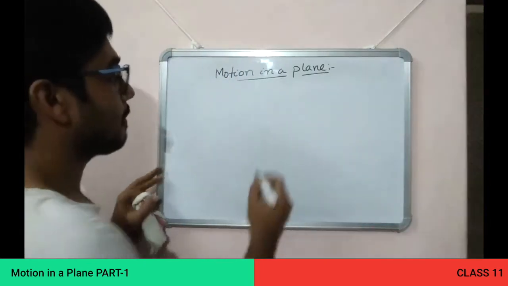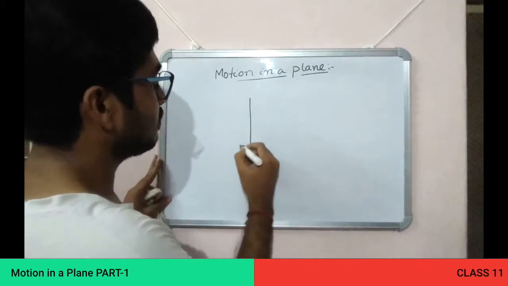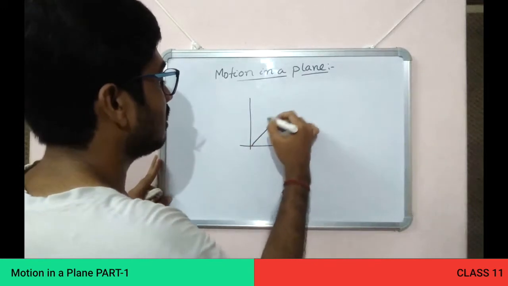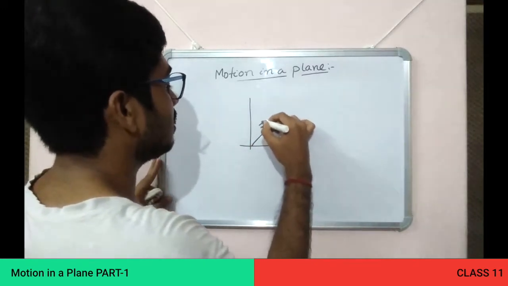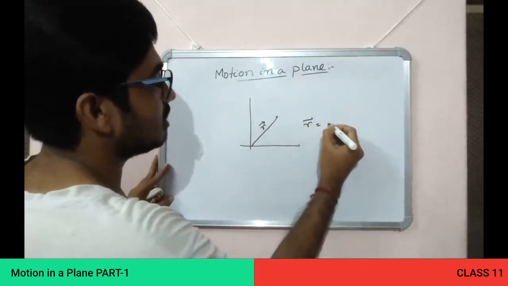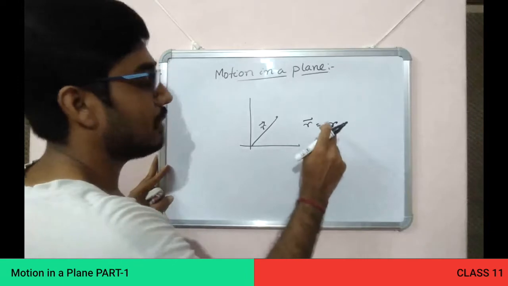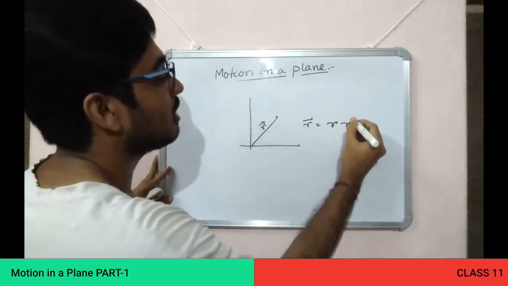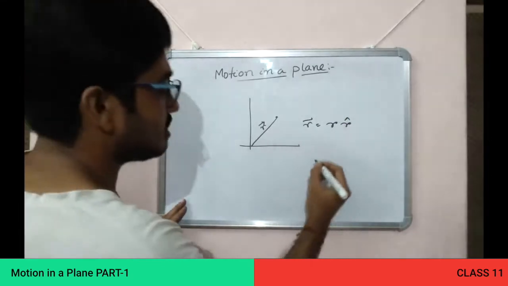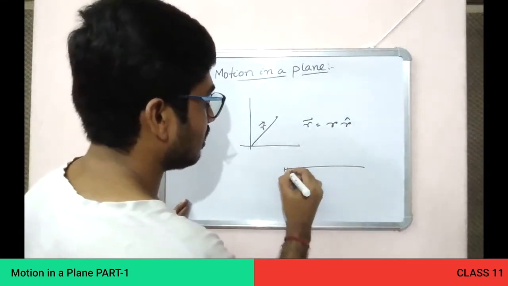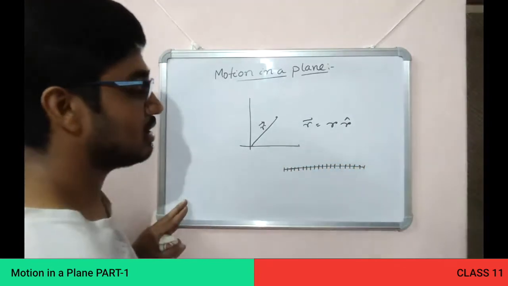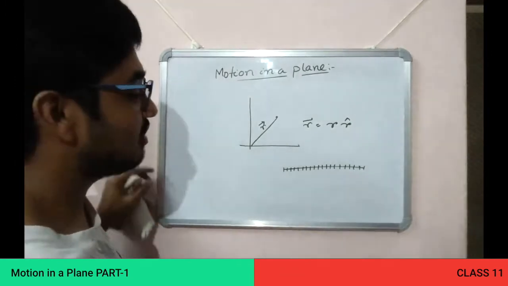So if this is the coordinate and this is the position, it is written as R, the displacement vector. So R vector is R, a magnitude value, and a unit vector, R cap. Unit vector is defined as, suppose this is a line and this is divided into several smallest divisions.